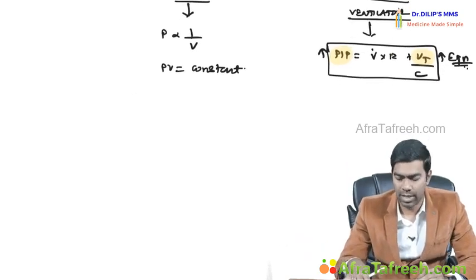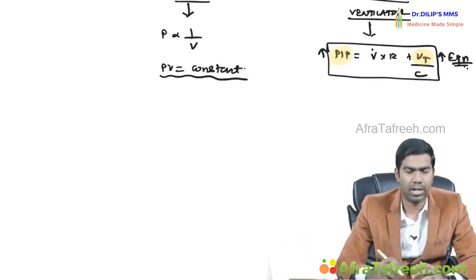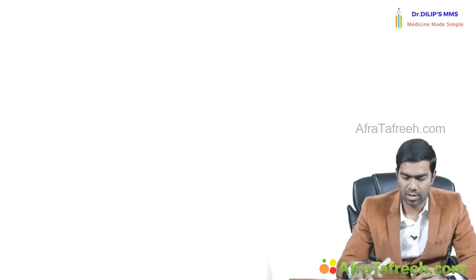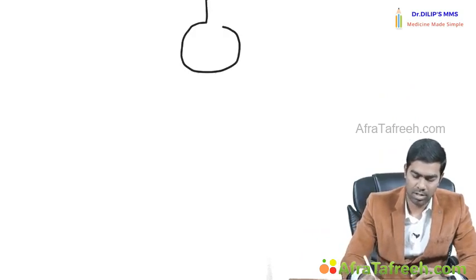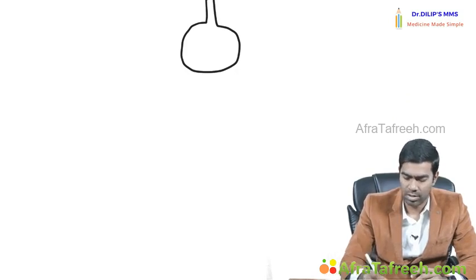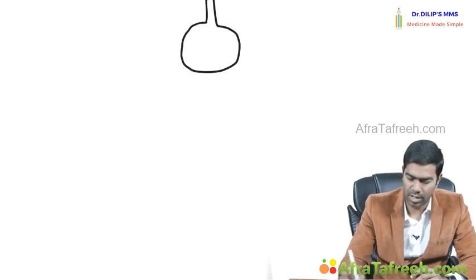So now let us go on to tidal respiration. During tidal respiration, let us see what changes you will see in the alveoli. First, let us put the pleural surface. Maybe I can put the pleural surface something like this.